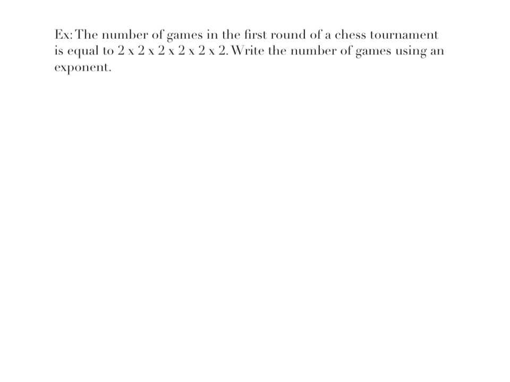Okay, we're almost done here. So here's another example, just kind of a word problem. It says the number of games in the first round of a chess tournament is equal to 2 times 2 times 2 times 2 times 2 times 2. Write the number of games using an exponent. That's easy. Here we have all of these 2s as a repeated factor. Obviously, I'm going to use 2 as my base.